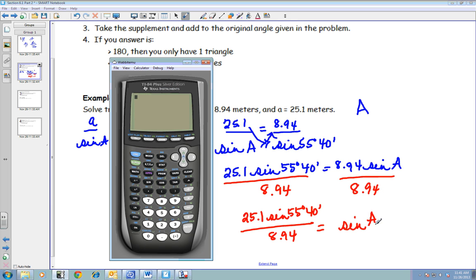Since I'm solving for angle A, I know that we have to hit second sine to find the actual angle. I'm going to be entering a fraction, so I'll hit my fraction button. I have 25.1 times the sine of 55 degrees, second angle, 40 minutes.